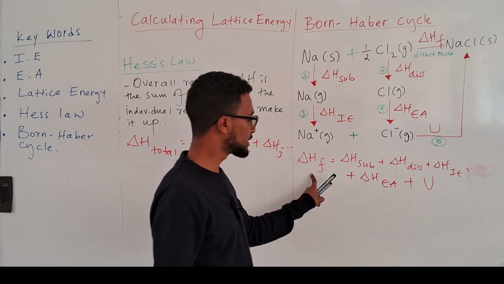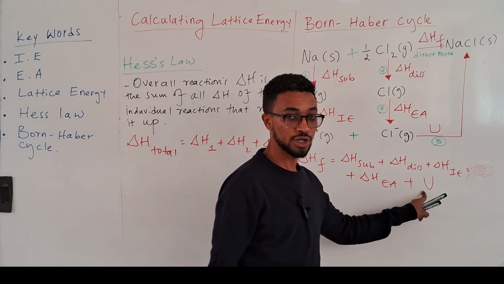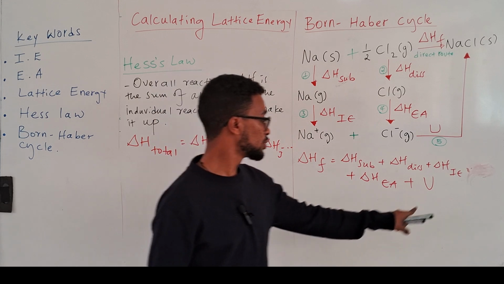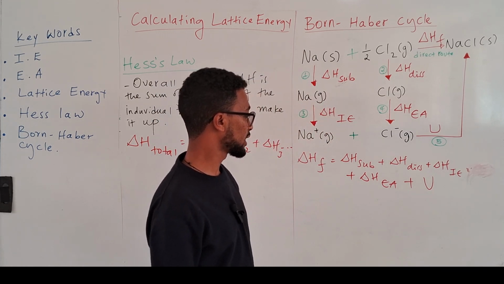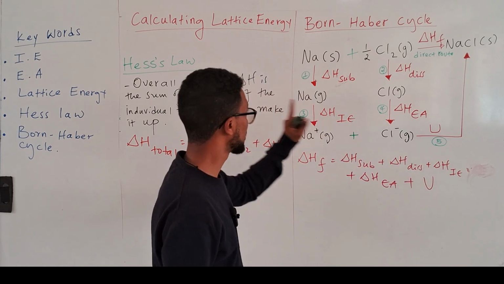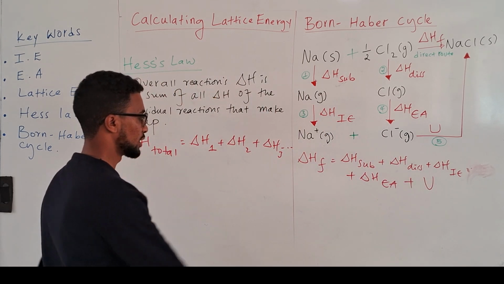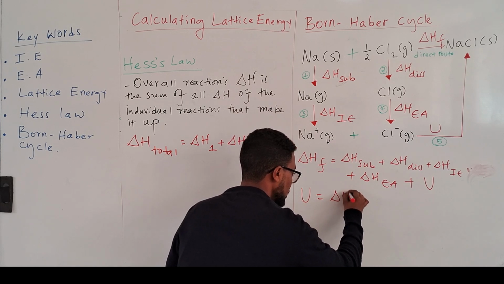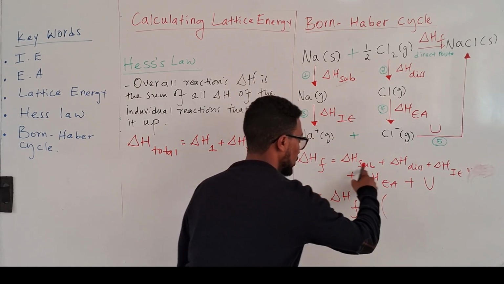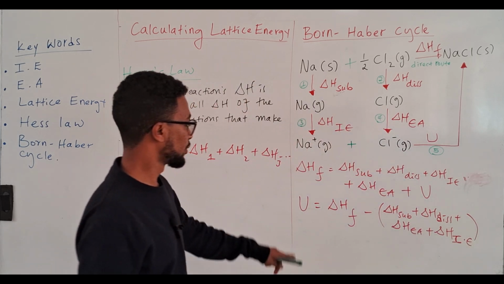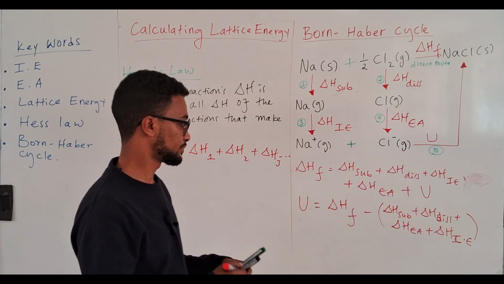Now we can rearrange this to get our lattice energy, because all these values can be determined practically using experiments. The only thing that we cannot determine is lattice energy. That is why we're using this Born-Haber cycle. So let's rearrange. U is the same as enthalpy change of formation minus the sum of these enthalpy changes. Okay, so this is how we can calculate our lattice energy now.